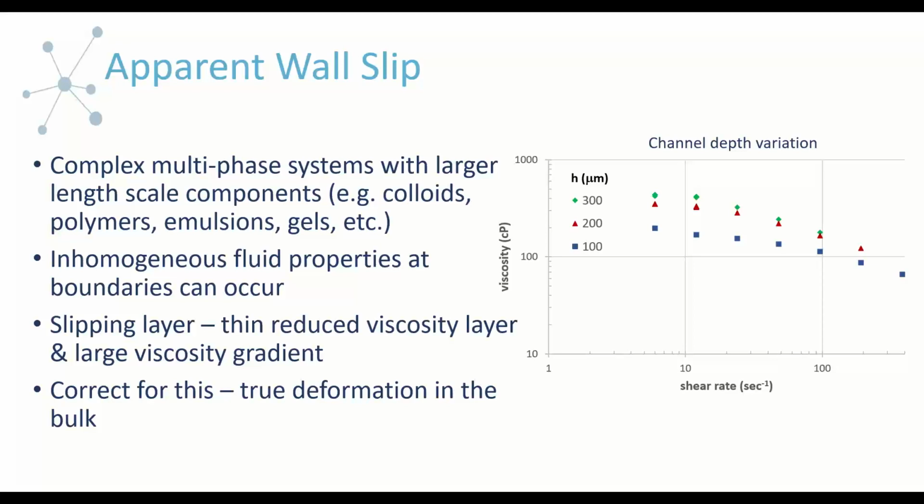And then what will happen is you'll establish some sort of inhomogeneity near the boundary. The reason this can happen is that when you're dealing with very small length scale objects, say solvent molecules, you're comparing their dimensions to the surface roughness of the boundary.